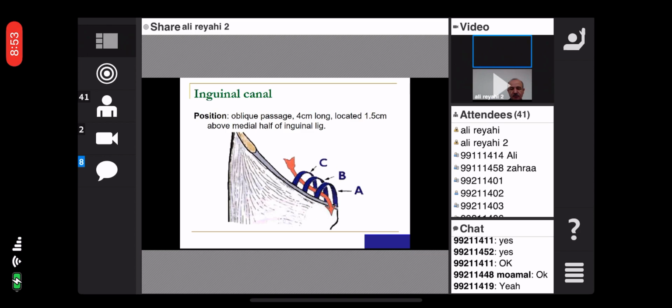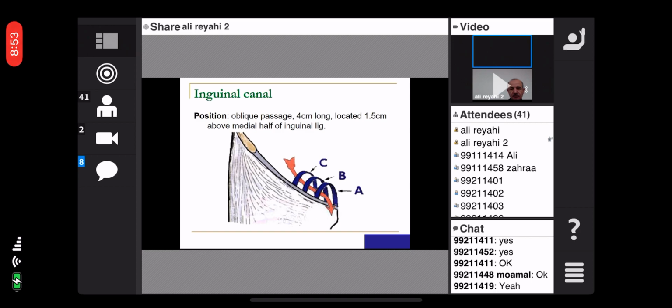It has walls: anterior, superior, posterior, and inferior wall. And it has two openings or two rings, superficial and deep ring.